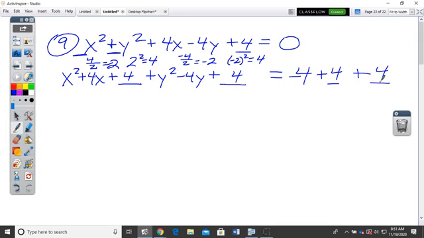And then we factor, so we're going to have x plus 2 squared. You can do that by figuring out two numbers that multiply to be 4 and add up to 4, or you can just say, hey, we got 2 when we divided 4 by 2 up here, so that's what goes in the parentheses, okay? And then the x is x minus 2, right? Y minus 2, yes. Plus y minus 2 squared equals, and then on the right, these 4's cancel, and I'm left with what? 4.